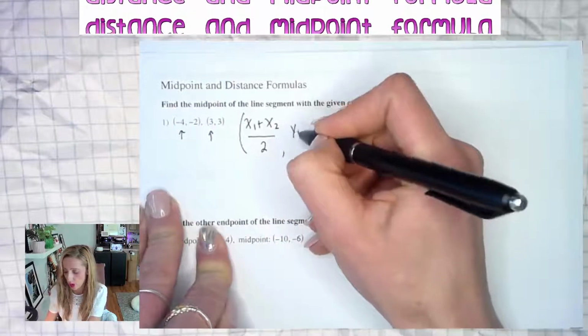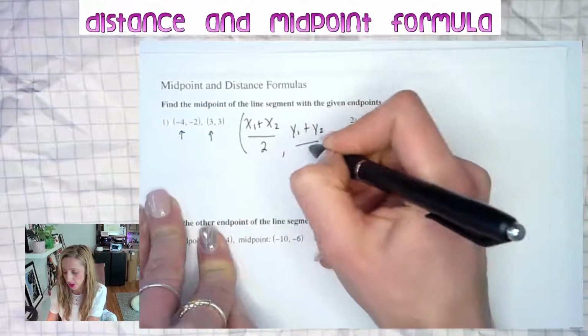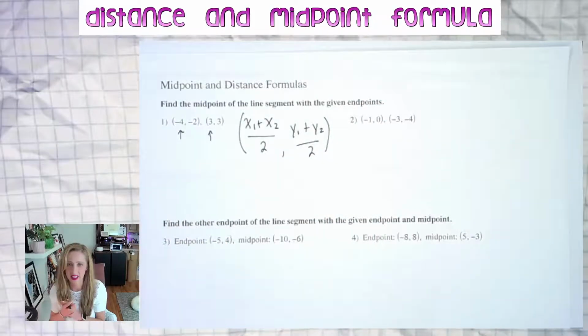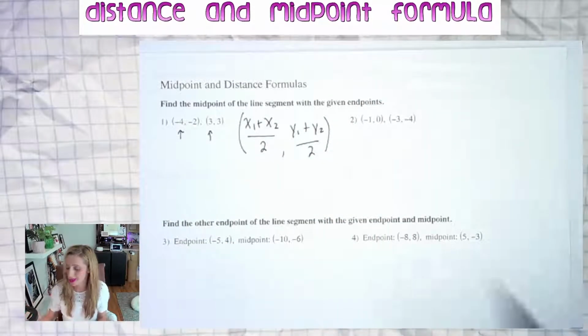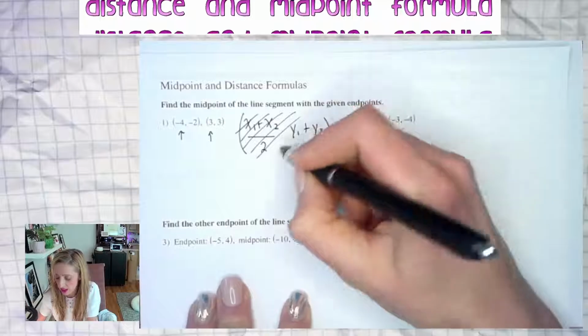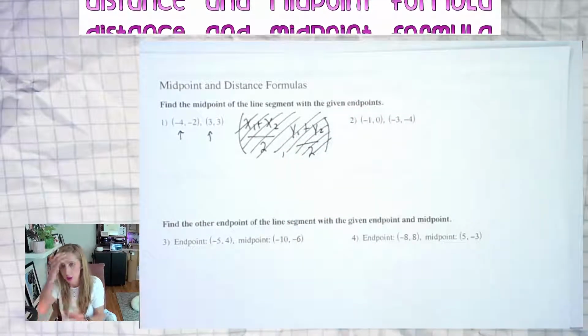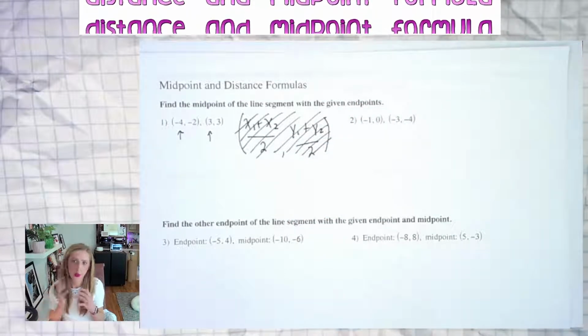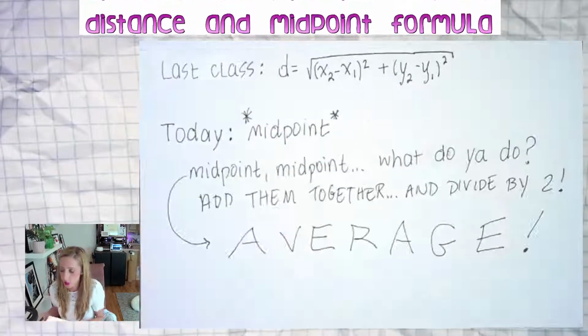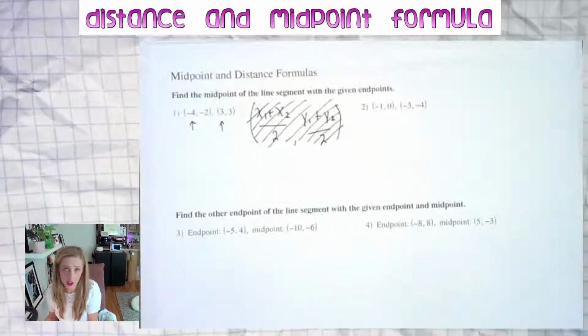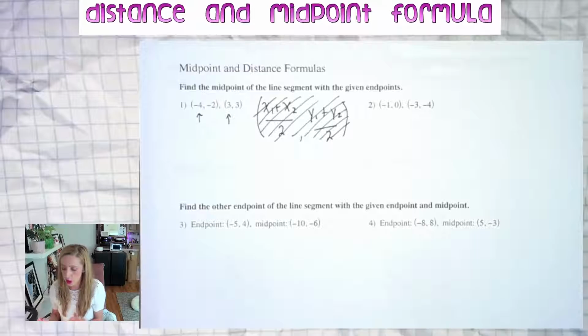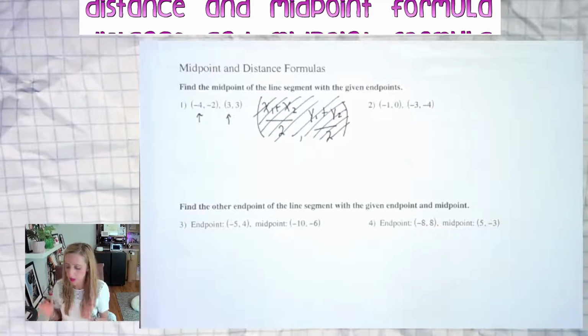And then y1 plus y2, divide by 2, that gives you the y coordinate. But listen, for some of you, straight up, being honest, don't think of it like this. The bad part of that is you're going to mix up with slope is minus, distance formula is minus. Think of the song. Midpoint, midpoint, what do? Add them together and divide by 2.